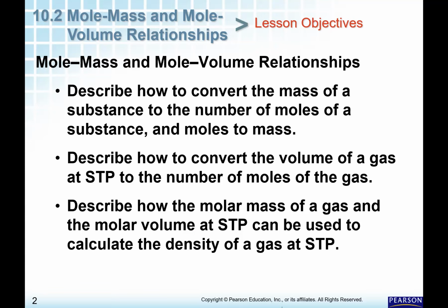The last part is the conclusion, or a result of understanding objective 2: you should be able to use the molar mass and the molar volume of a gas, which we will learn how to calculate as per objective 2, to calculate the density of the gas.